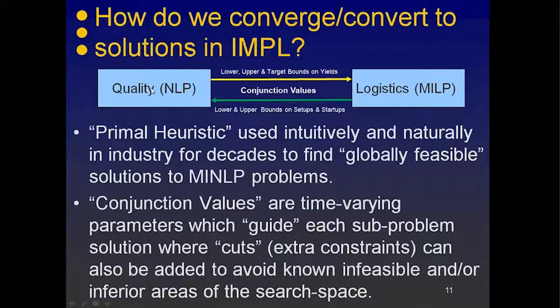And what you do is you iterate around there until you get solutions that you feel that you can implement, that they make sense. And essentially what we're doing here is we're going for not global optimality. In fact, that's the next step above MINLP, which makes the problems even harder to solve. What we're really going for is global feasibility, because really that's business as usual.